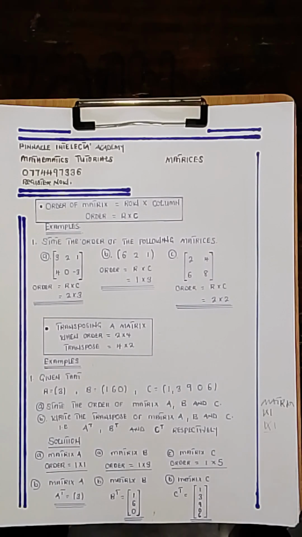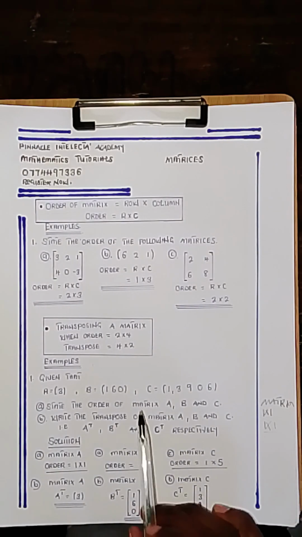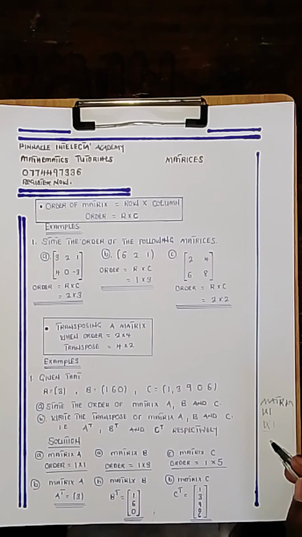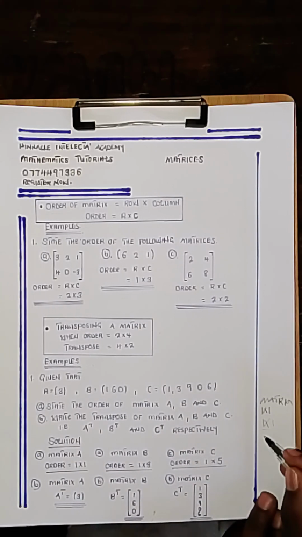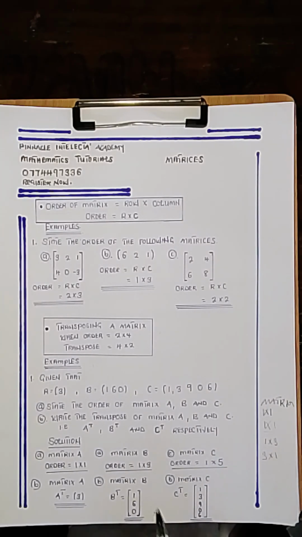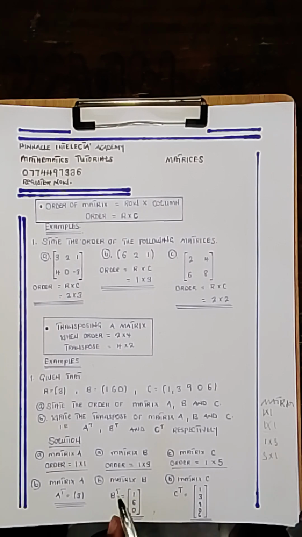Move it clockwise, so it becomes 1, 6, 0 moving down. The order for matrix B was 1 by 3, but now its transpose will be 3 by 1. So there will be 3 rows and 1 column.